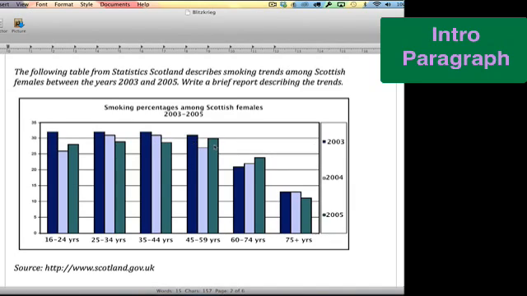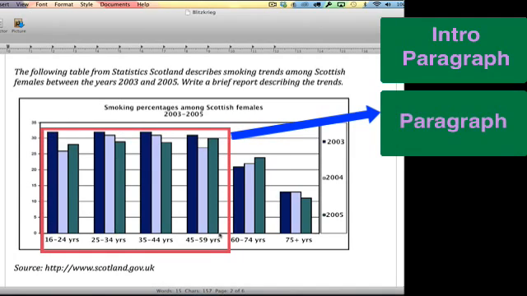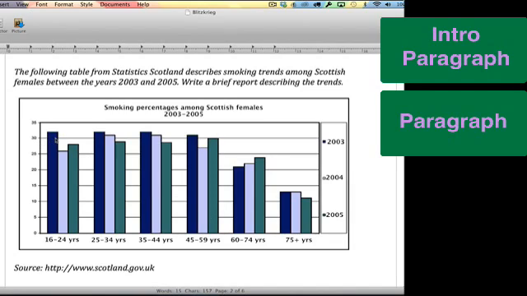So an idea might be to write a paragraph that describes the information we see in these four age groups, because we can group the 2003 figure into a single sentence, and then we can describe the 2004, and 2005 is also very logical. It's almost the same between 16 and 44 years of age. So it makes logical sense to perhaps group these four age groups into one paragraph and describe them that way.